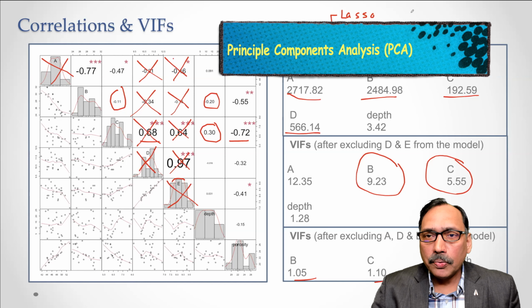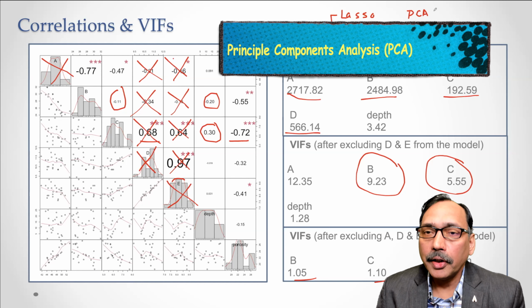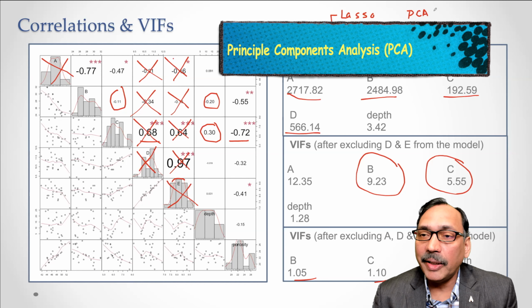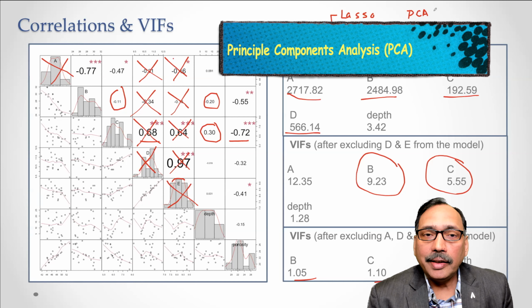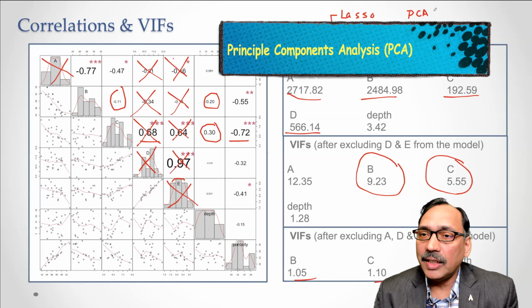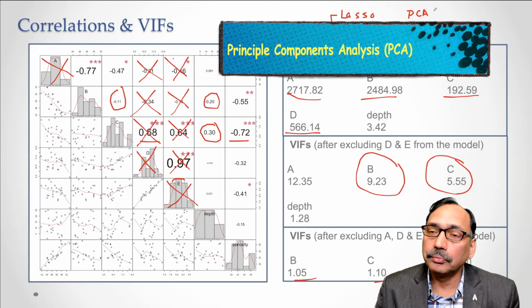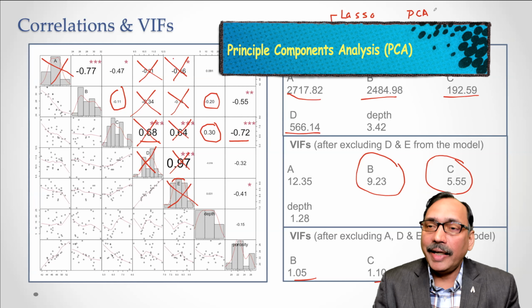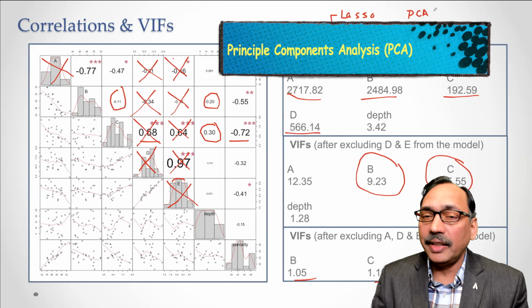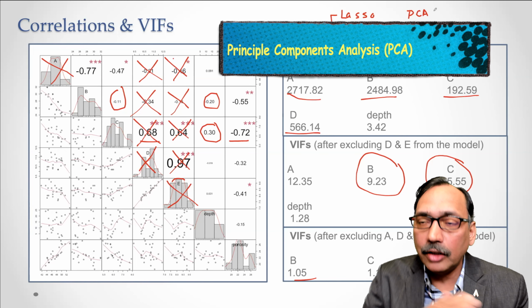Another very useful method is principal component analysis, PCA. What happens in PCA is it is run on all independent variables, and the variables get converted into a linear combination of your independent variables in such a way that any two principal components are perpendicular to each other.